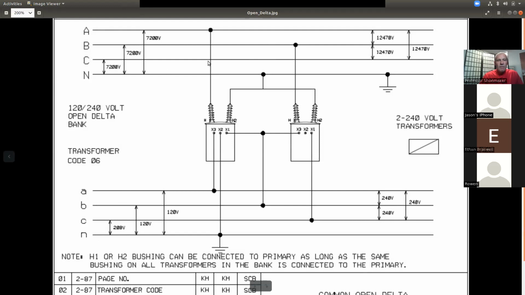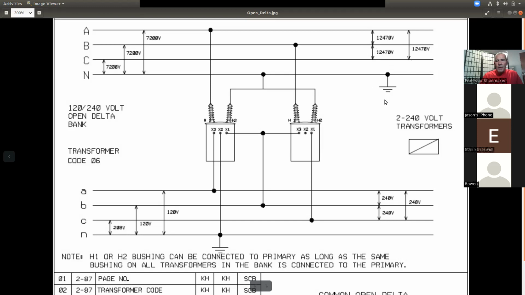You just draw the lines. You'll notice here, A to neutral 7200, B to neutral 7200, C to neutral 7200. And then all your phase-to-phase voltages, 12470, 12470, and 12470. So AB, BC, AC are all 12470.